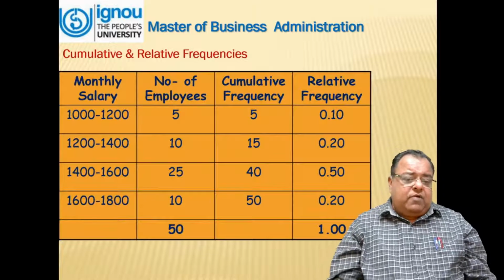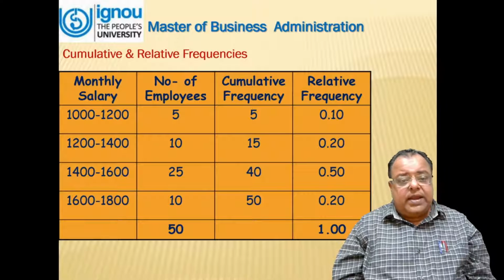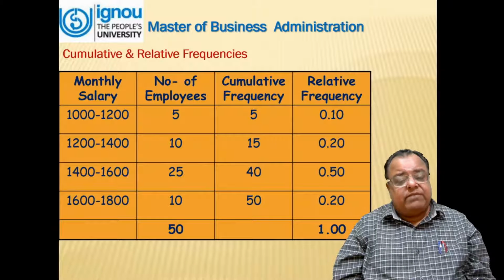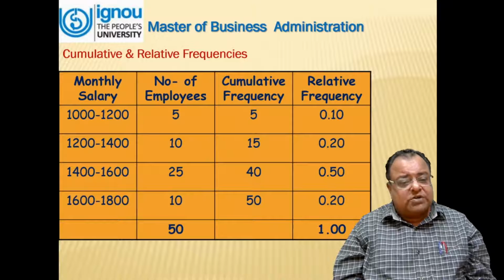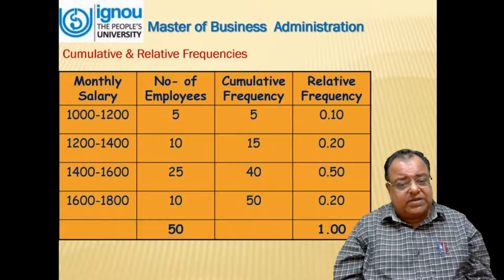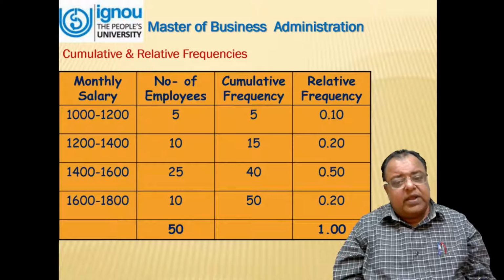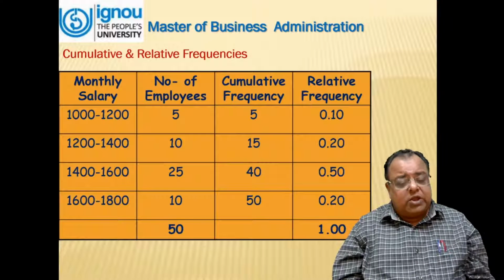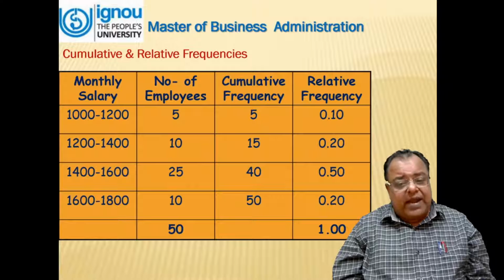Now, the second part is cumulative and relative frequencies. These first two columns will be given to us. And how to draw the cumulative frequency is one of the biggest parts. You can see that the number of employees, that is the frequency, is 5, 10, 25, and 10. When we sum it up, it comes out to be 50. For drawing up the cumulative frequency, we write 5 in front of 5.